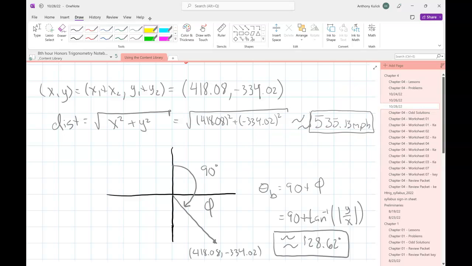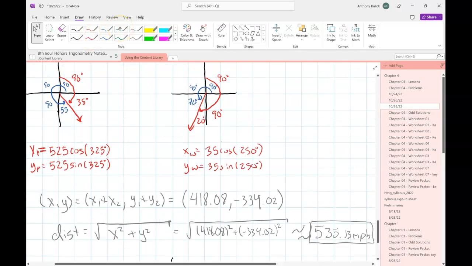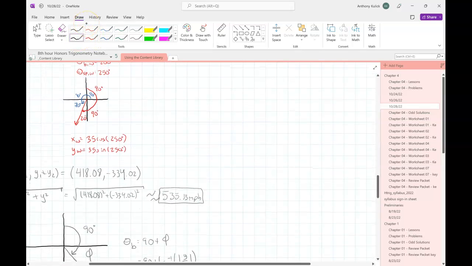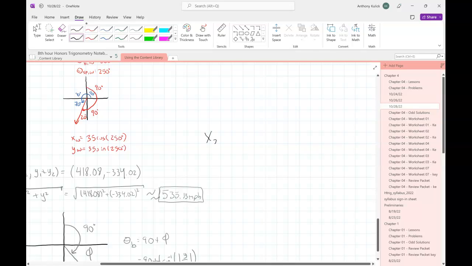So what am I really remembering? Here, there's just a handful of things that I'm using. Like x sub whatever, I'll just write distance here, but it could be speed or whatever.